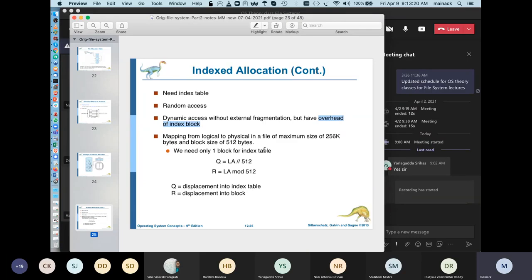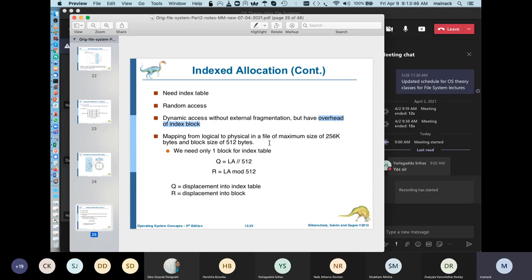So what do 512 blocks mean? It means we have essentially 512 entries in the index table. You calculate 256K divided by 512 bytes to get the maximum number of blocks for a file. So the maximum size of the file is 512 blocks, which means we need at most 512 entries in the index table.